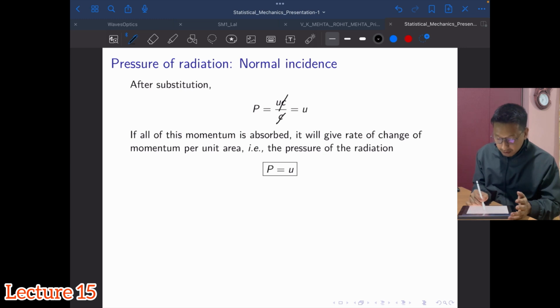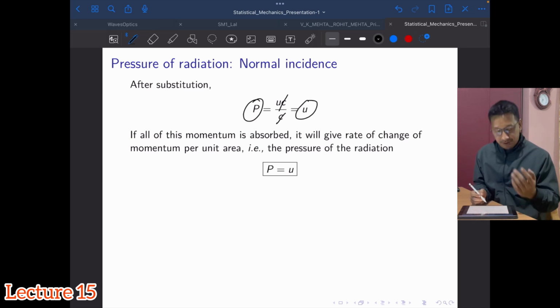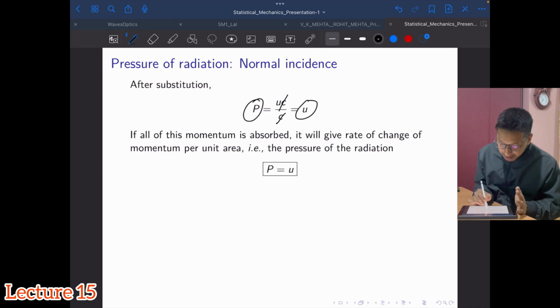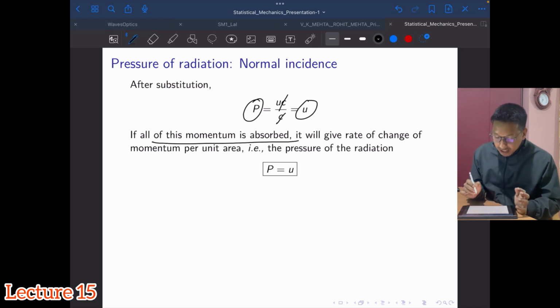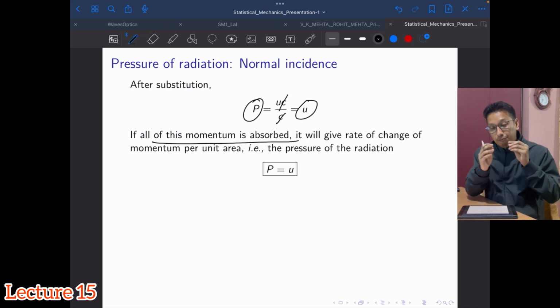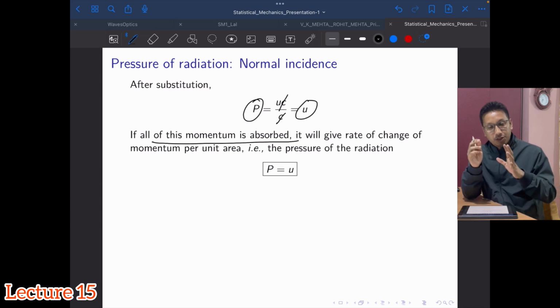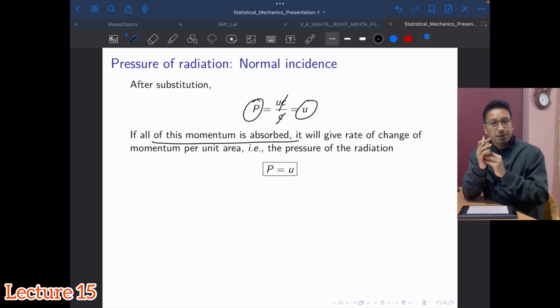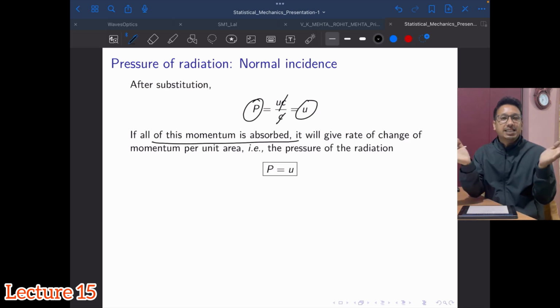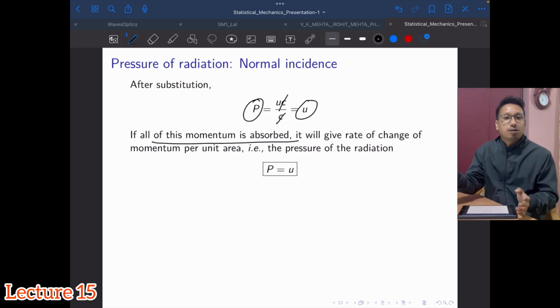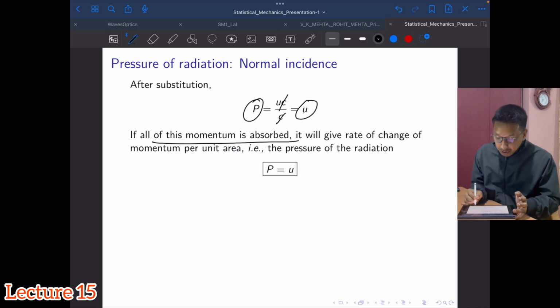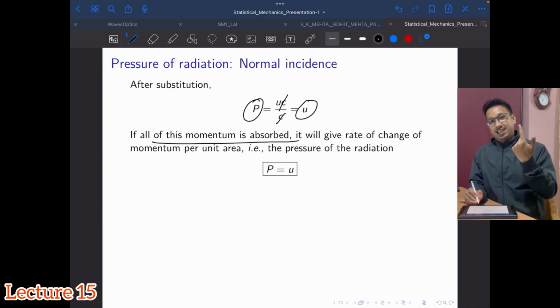So P is equal to U. Now assuming that all of this momentum is absorbed, if all this momentum which is hitting the surface per unit area per second is absorbed on the surface, the change in momentum will be what? P, right? Initially it was P, finally it will be 0, so the change in momentum will be P. And that is happening in 1 second.